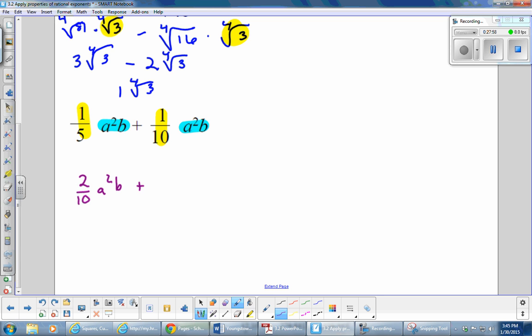You could just do that on your calculator if you didn't get that, because your calculator will do those fractions for you. Okay, so same backsides. I got 2/10 plus a tenth, which gives me 3/10, and a squared b, and you're done. That was easy. All right, so that should do it for today.